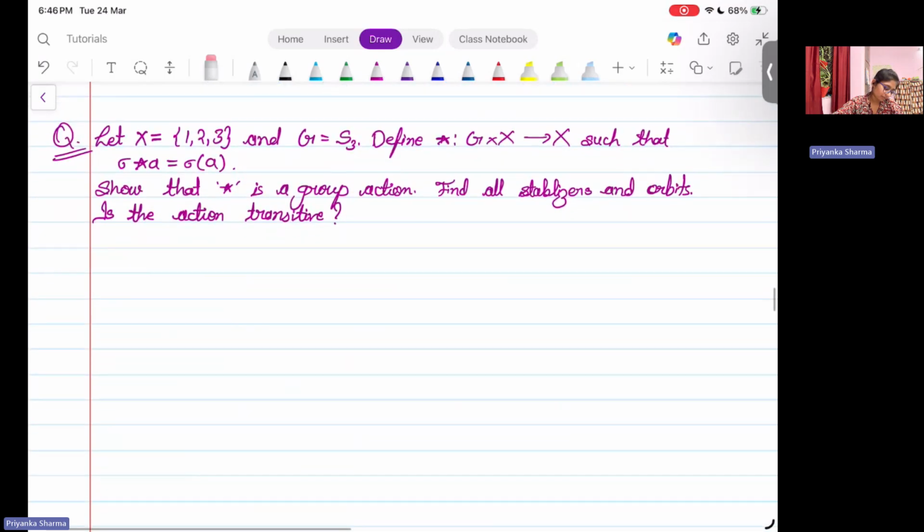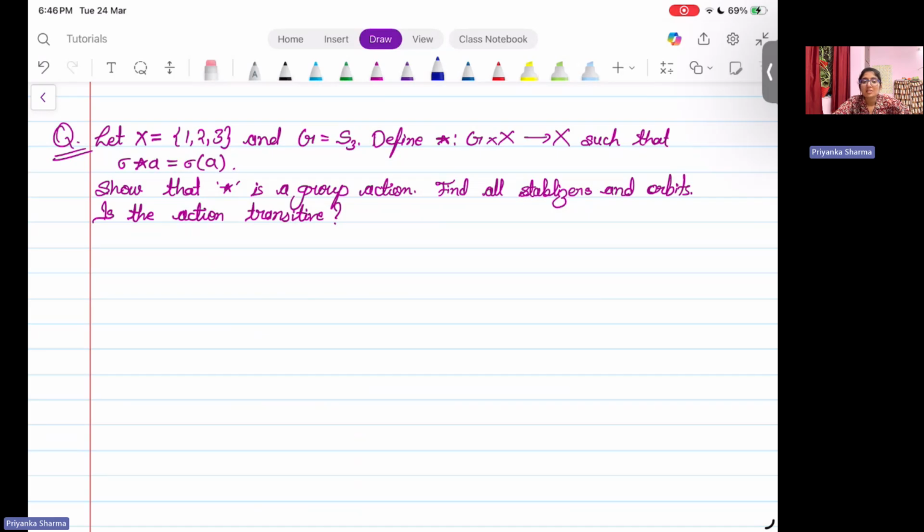Now we come to problems. This is our first question. Let X be the set consisting of 1, 2, and 3, and G is the group S3, that is the symmetry group S3. Define a map star from G cross X to X, that is something like a group action, such that sigma star a is sigma of a.